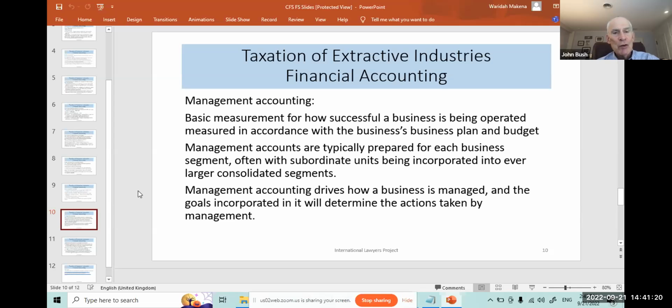You know, how much money do you want to make in this business segment? How much of an expenditure do you want to make in this area? All those things are the subject of management accounting. And if you want to know what the relevant business segments of a company are, just look at the management accounts.